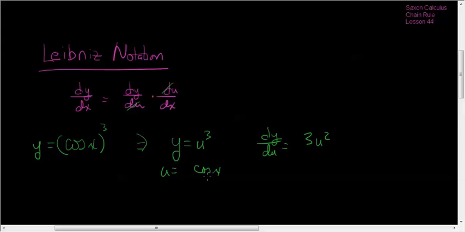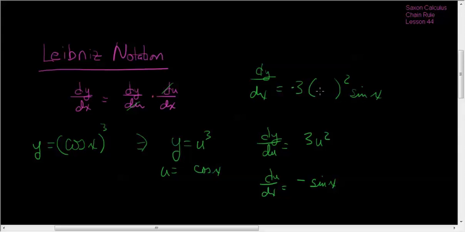And what's du dx? du dx is negative sine x. So what happens when I multiply dy du times du dx? I end up with dy dx. So dy dx is just these two multiplied together: 3 times whatever u is squared times negative sine x. Well, what was u?